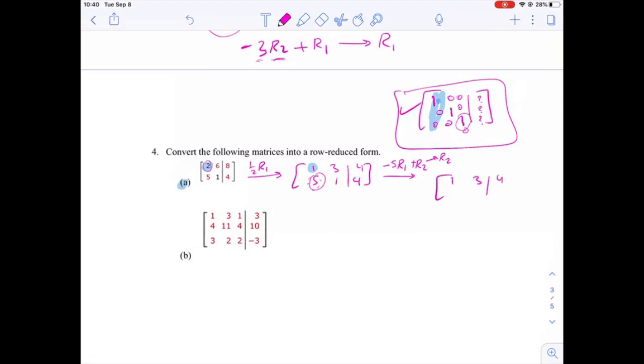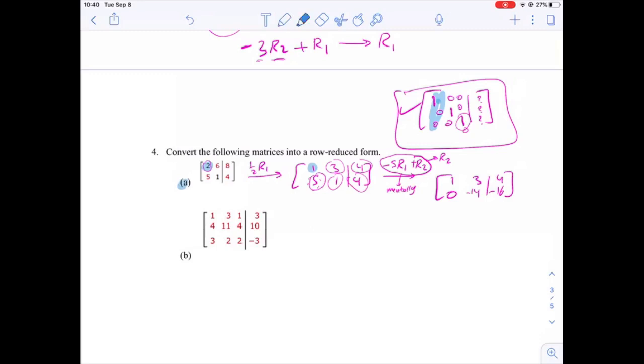We do this operation mentally. So we still have 1, 3, 4, but we multiply the first row by -5 in our mind, and then add the result to row 2. So -5 times 1 is -5, plus 5 is 0. Now we got 0 here. Then -5 times 3 is -15 plus 1 is -14. And -5 times 4 is -20 plus 4 is -16.